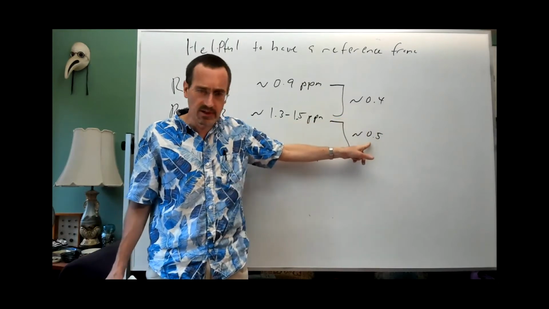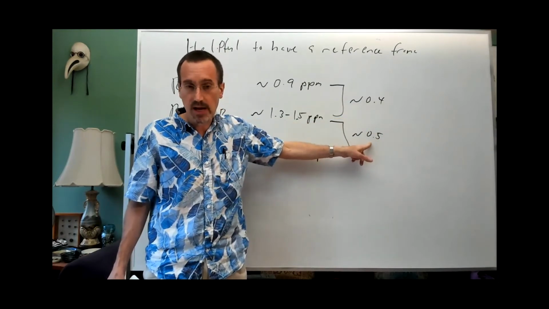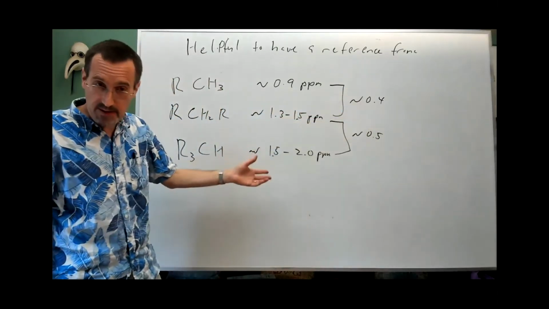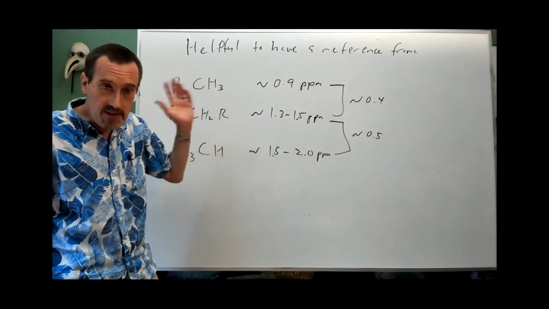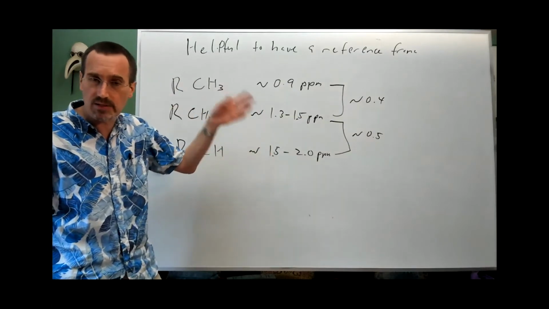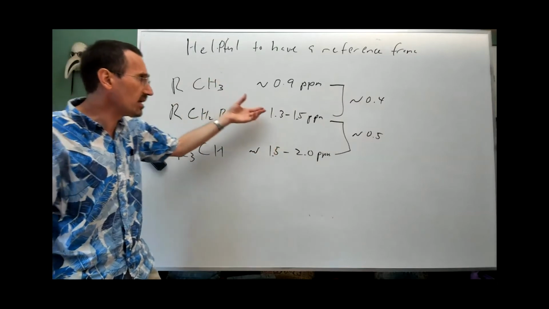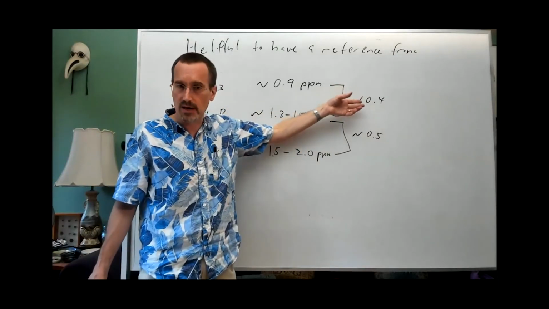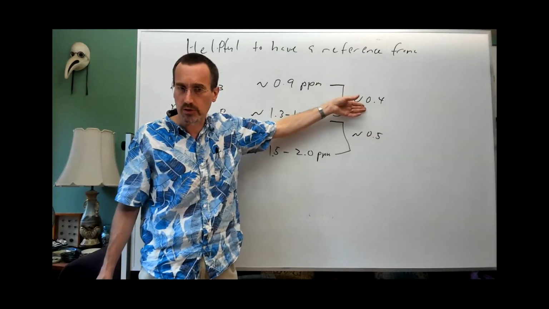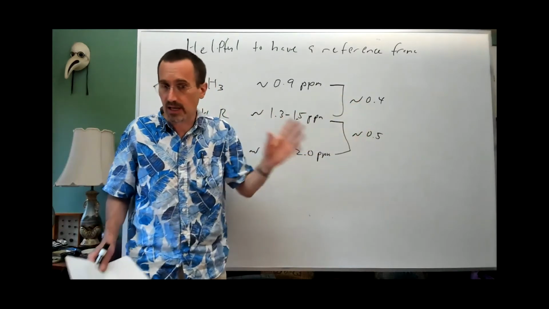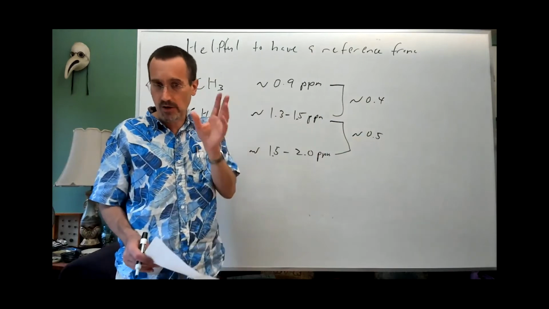And a methine group next to a ketone is going to be a total of about 0.9 ppm more downfield. In other words, if a methyl group next to a ketone is about 2.0 or 2.1, a methylene group next to a ketone is going to be about 2.4 or 2.5. A methine group next to a ketone is going to be about 2.9 or 3.